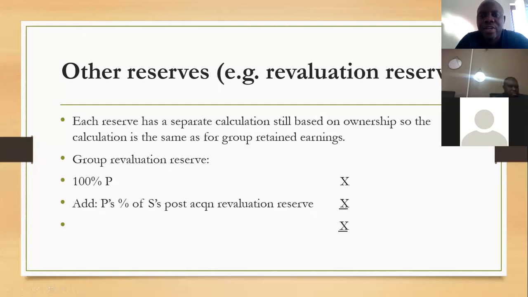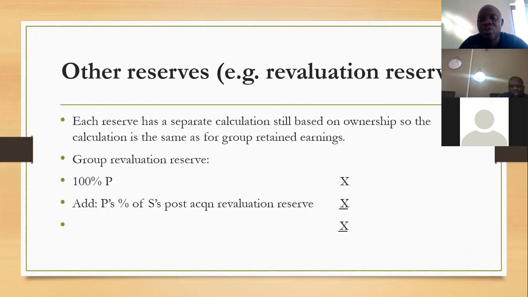So we then go to other reserves, but just know that the computations on other reserves are similar to the one that we did under retained earnings. The principles are the same. Each reserve has a separate calculation. What we mean is, if you are looking at the retained earnings, it has separate computations. If you then go to the revaluation reserve, it will also have its own computation.